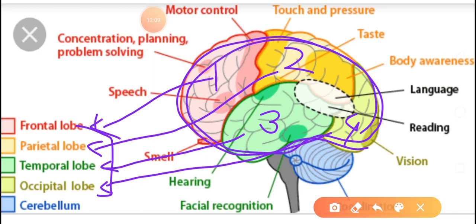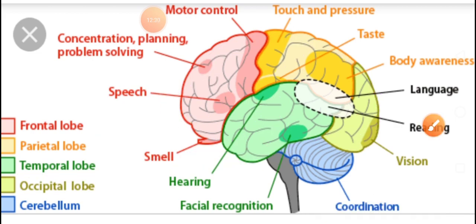Just below your temporal lobe, you will have the midbrain. Don't get confused over here. The three which I have marked, just below this you will have a midbrain. So just listen very carefully. Central nervous system is divided into two parts: brain and spinal cord.